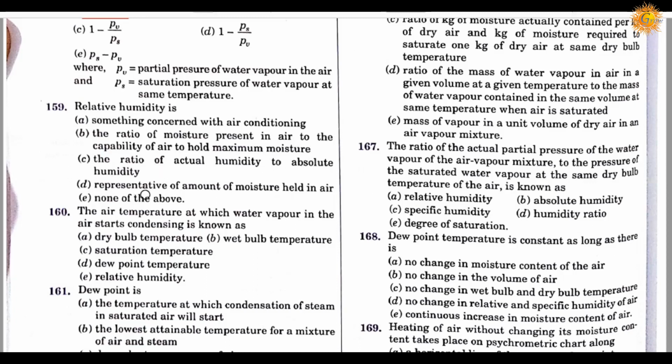Option D, representative of amount of moisture held in air. Option E, none of the above. So the correct answer for 159 is B. The ratio of moisture present in the air to the capacity of air to hold maximum moisture is relative humidity.